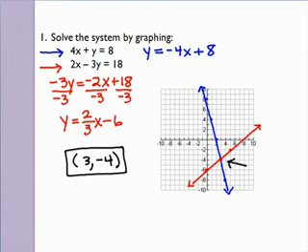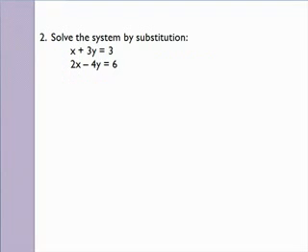Okay, solving by graphing. All right, the next one is solving by substitution. So with substitution, we need to have one of our equations with the variable by itself. So this one is a good one to start with because the x doesn't have a coefficient. So by just moving the 3y over, I get x equals negative 3y plus 3.